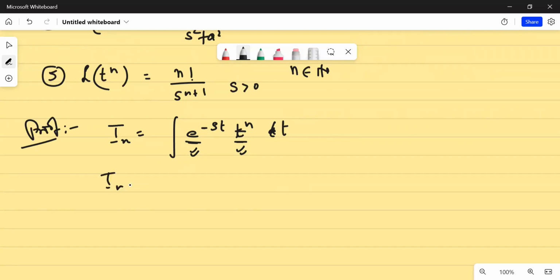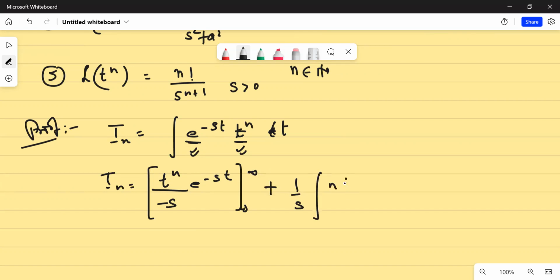So I write I_n as t to the power n divided by minus s, times e to the power minus st, from 0 to infinity, and then minus the integral of the derivative term. Integration of the exponential gives 1 upon s, and the derivative of t to the power n gives n t to the power n minus 1, times e to the power minus st dt, from 0 to infinity.